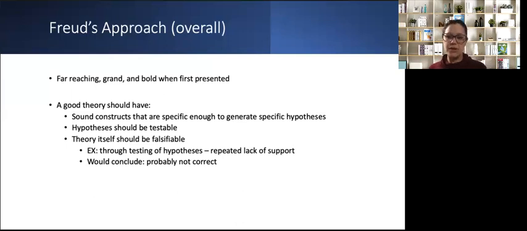They cannot be observed, they cannot be measured in any real way, which means that you cannot develop a hypothesis about it and test it, right? You can't, for example, test your hypotheses on the functioning of the ID as compared to the functioning of the ego, because these are not actual physical entities that you can measure and observe and develop a hypothesis around and test your hypotheses and so on and so forth.